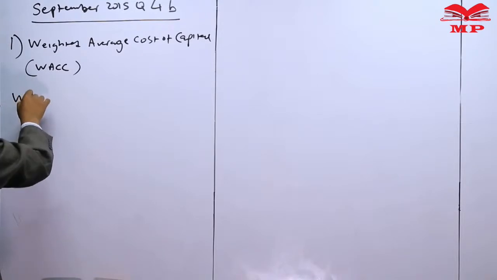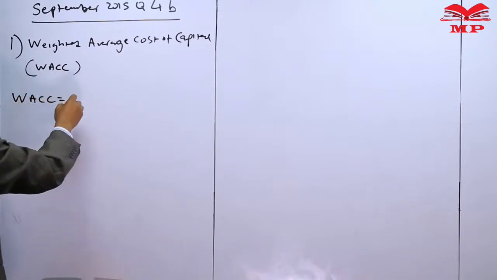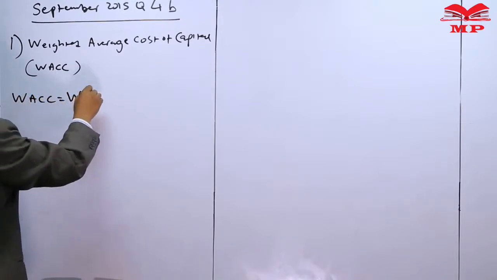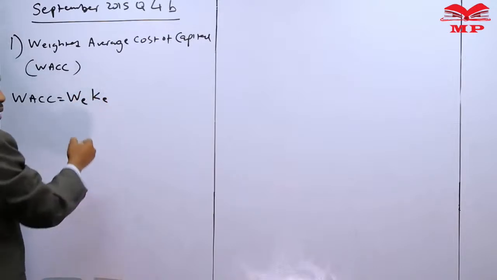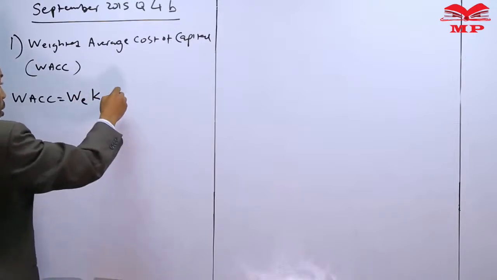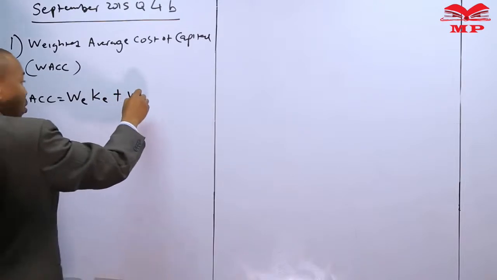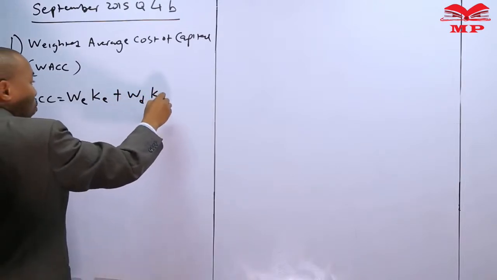So WACC is given as weight of equity, cost of equity, I'll explain as we move along, plus weight of debt, cost of debt.